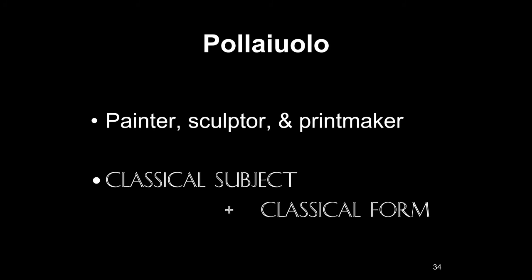And Panofsky said that one of the main differences between the Renaissance of the 15th and 16th century and these earlier revivals of classical antiquity was that in the Renaissance, classical subject became combined with classical form.